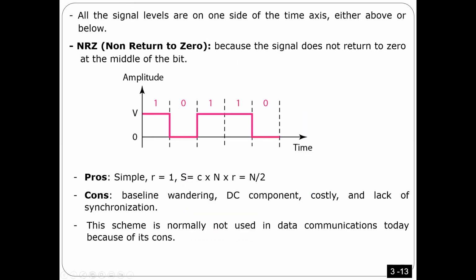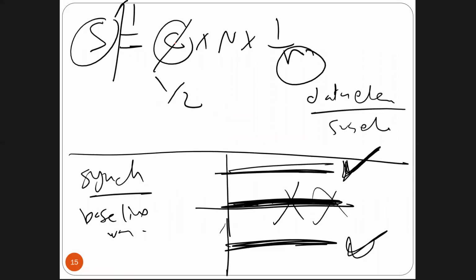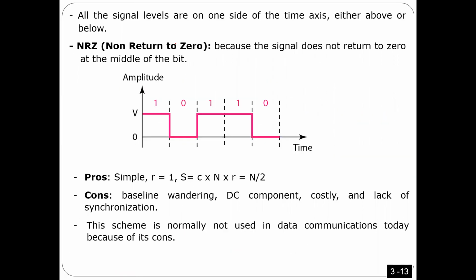So unipolar works this way. Again, remember, for any encoding scheme, given binary data, how do I create a signal, a voltage? This is a very simple way. We call it non-return to zero. Every time you have a one, I'm going to make it voltage V. Logic zero, I'm going to make it voltage zero.